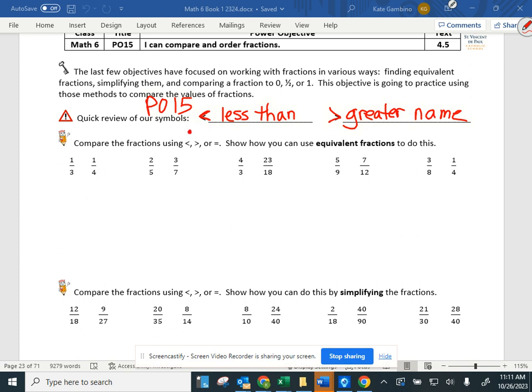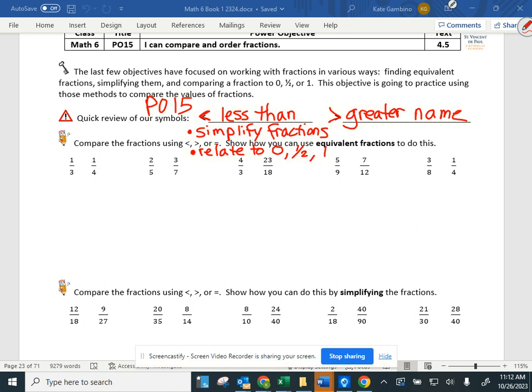You might need to simplify fractions so we can compare them. You might need to relate them to 0, half, and 1. Was there a third one, or is it just those 2?